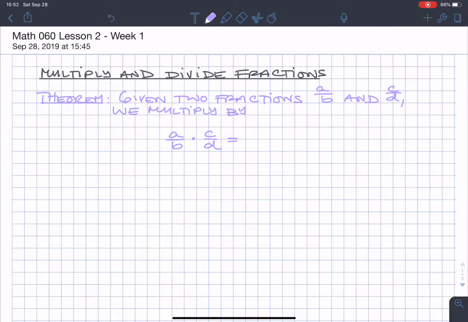We multiply the two denominators, of course, b times d, and we multiply the two numerators, a times c. So provided b is not equal to 0 and d is not equal to 0.